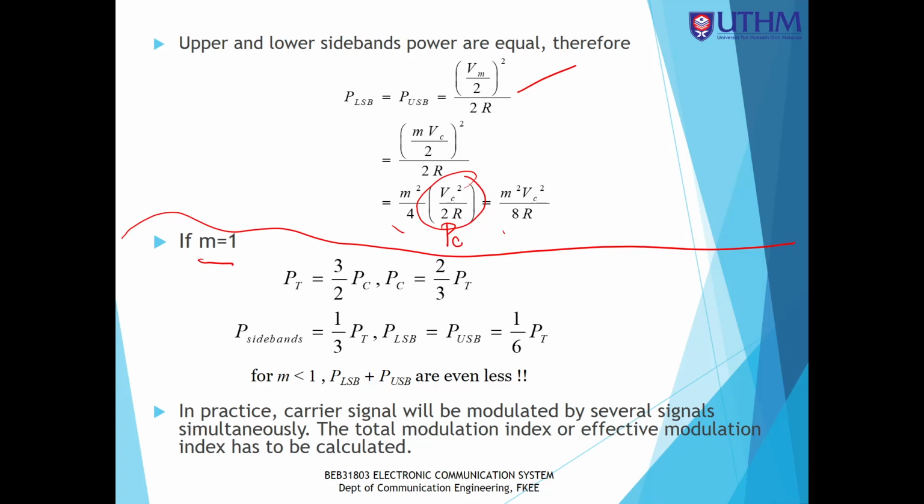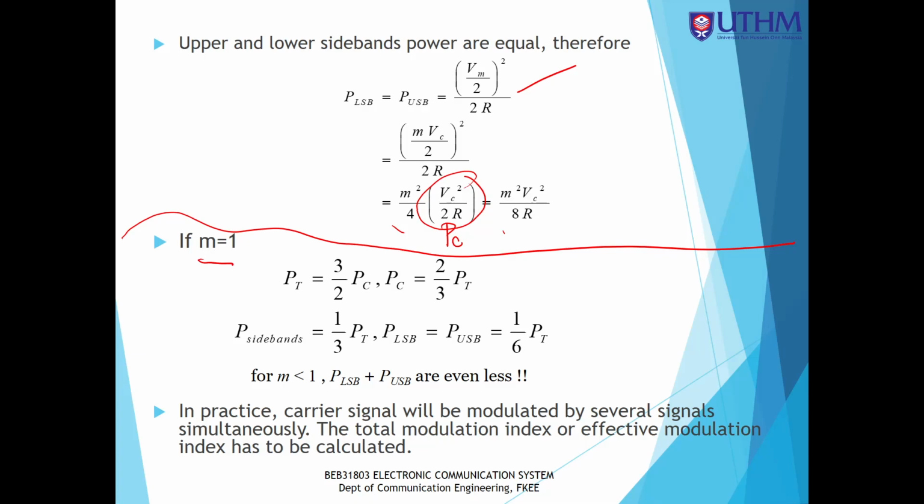So if m equals 1, that means this is PC times 1 plus 1 over 2, which is 3 over 2. So we get 3 over 2 PC. So the total power is 3 over 2 of PC.